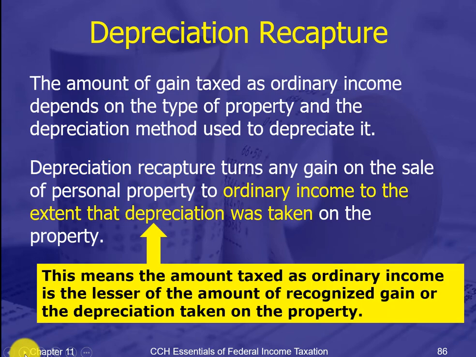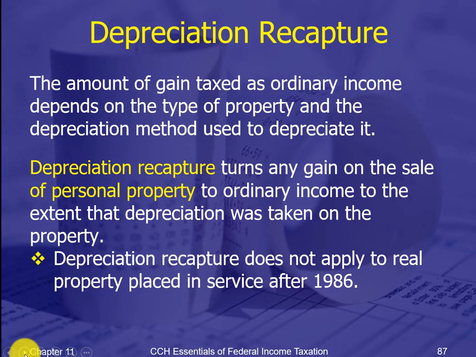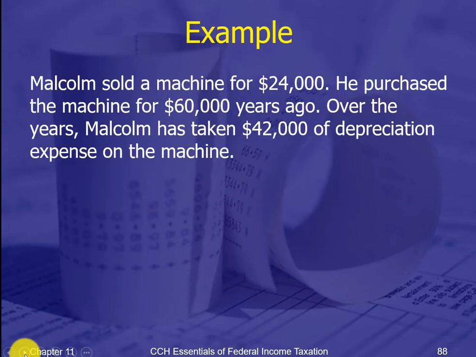So you got a deduction against ordinary income when you depreciated the property. It went against your taxable income, reduced your taxes using the normal tax rates, not the capital gains rates. So that is what we're going to make up for, you might say. This only applies to personal property these days. Real property stopped applying in 1986.